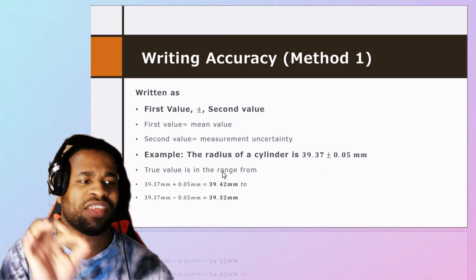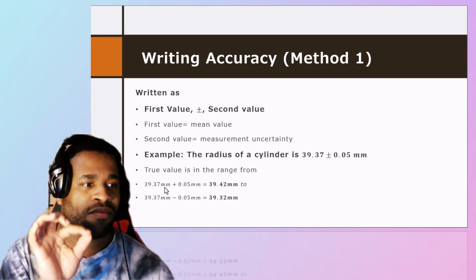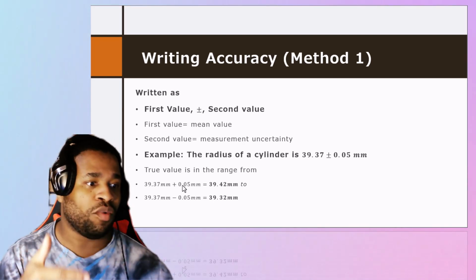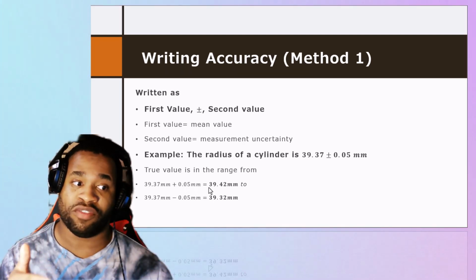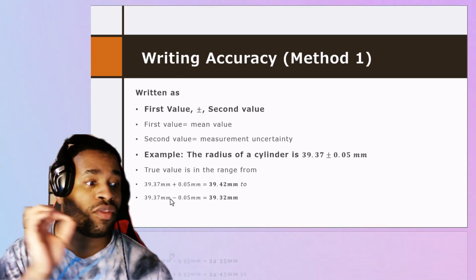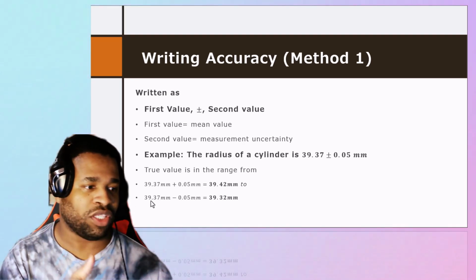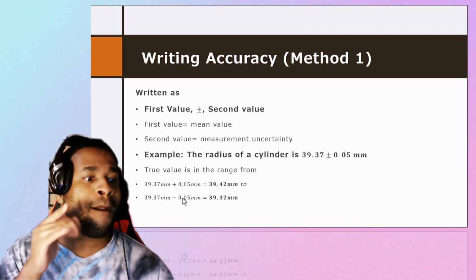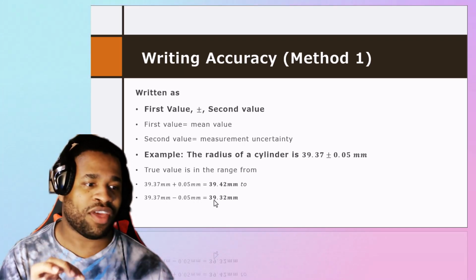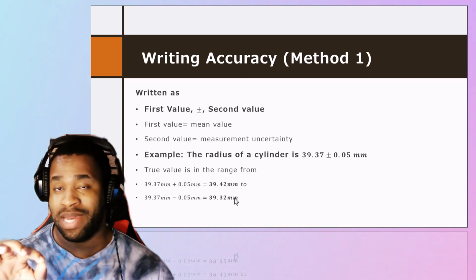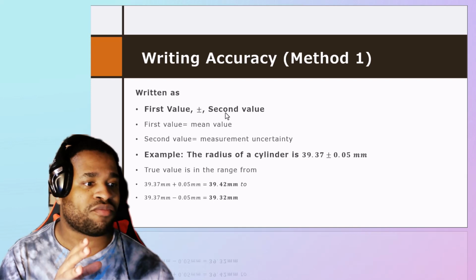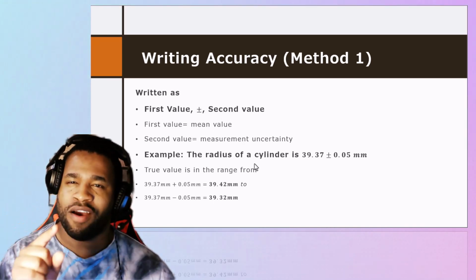This means that the true value is in the range of the mean value plus the measurement of uncertainty, the 0.05 millimeters, which gives us 39.42 millimeters, to the other extreme of the range, the mean value minus 0.05 millimeters, which gives us 39.32 millimeters. So these are the range from this particular expression for the radius of a cylinder.